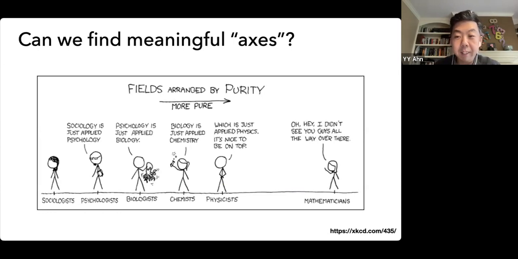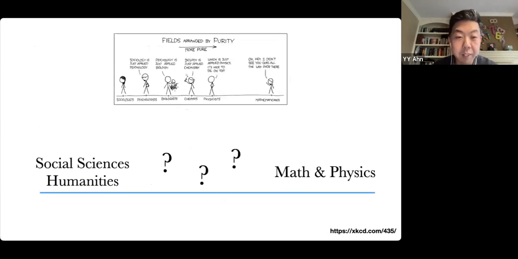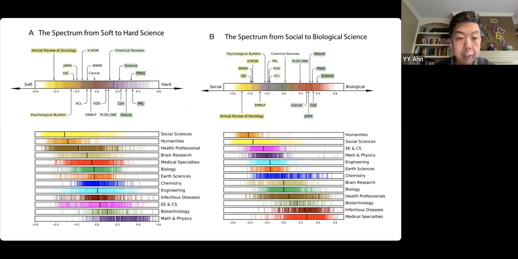And we were thinking, can we do that in the space of these journals? We put social science and humanities on one end, mathematics and physics on the other end, and we projected every journal onto that axis. And indeed, we could see exactly that. We label from soft to hard science, and the sequence follows our intuition and that XKCD comic.